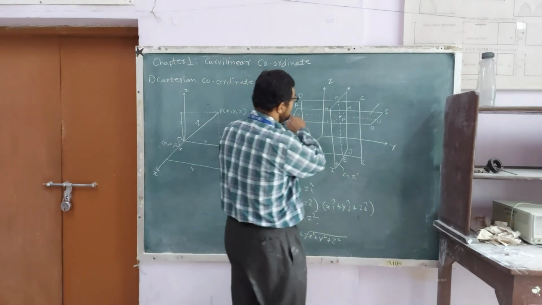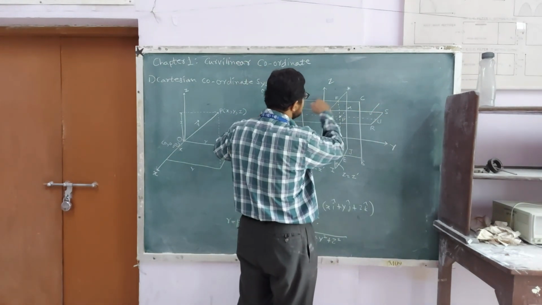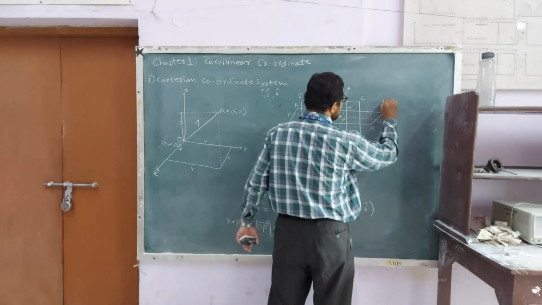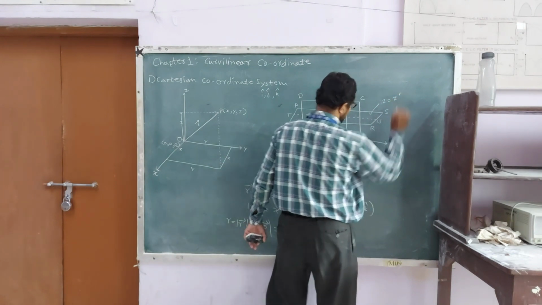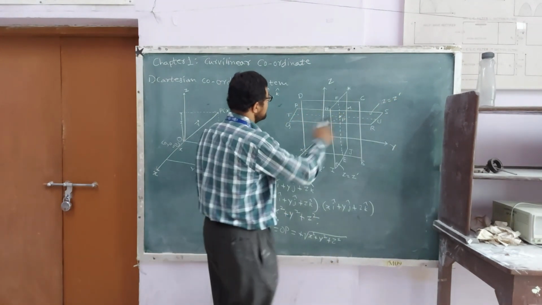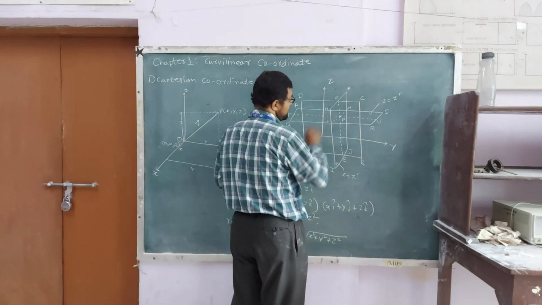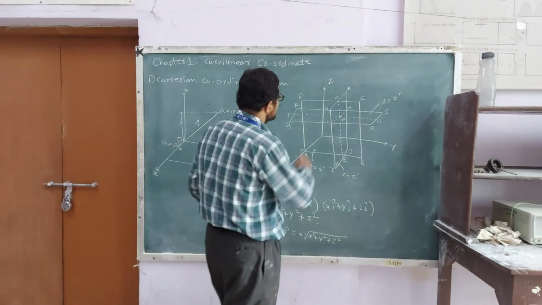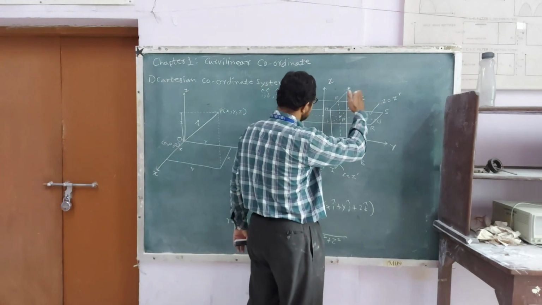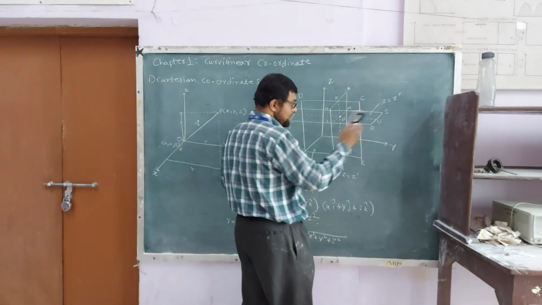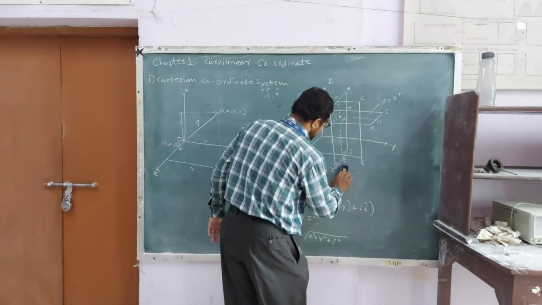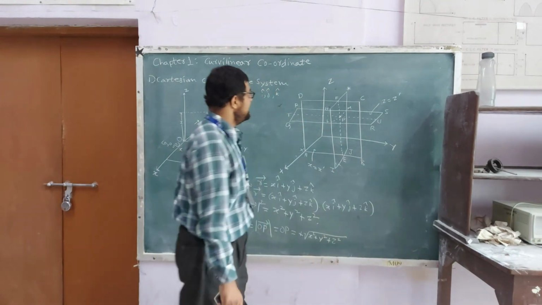It is cutting the z axis. So we have this plane as what? Z is equal to z prime plane. Because it cuts the z axis somewhere here, at this point. So this is the z prime point. So therefore this is the z plane, z is equal to z prime plane.